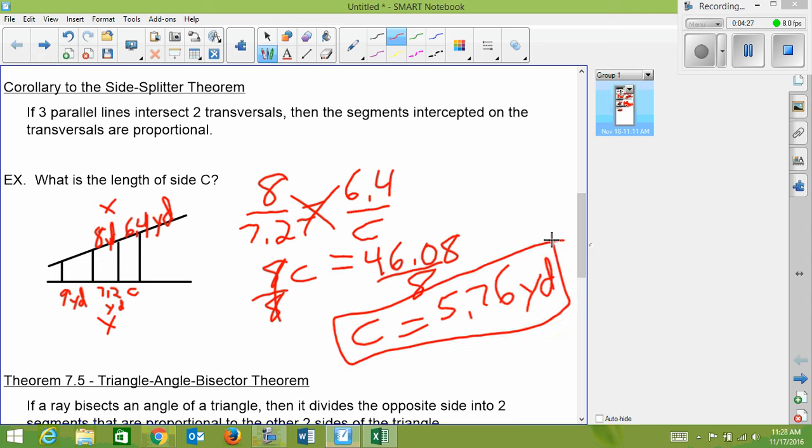Because I know those things have to be proportional, using this corollary, if 3 parallel lines intersect 2 transversals, so I have a transversal here, and then I have parallel lines there. So the segments that they make have to be proportional is what it's saying. That's why I can use this proportion to solve this.